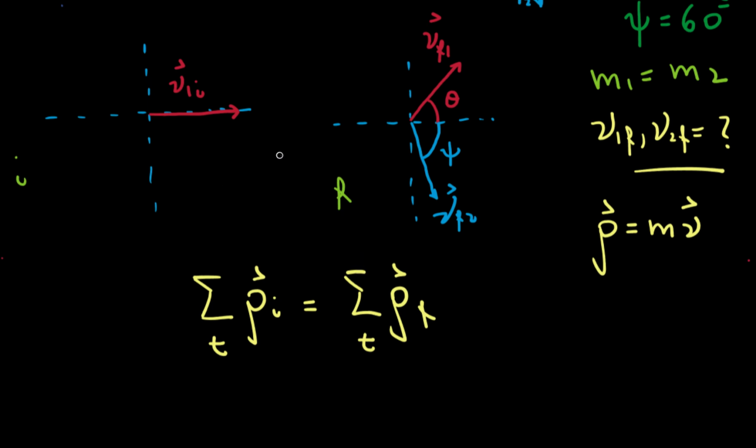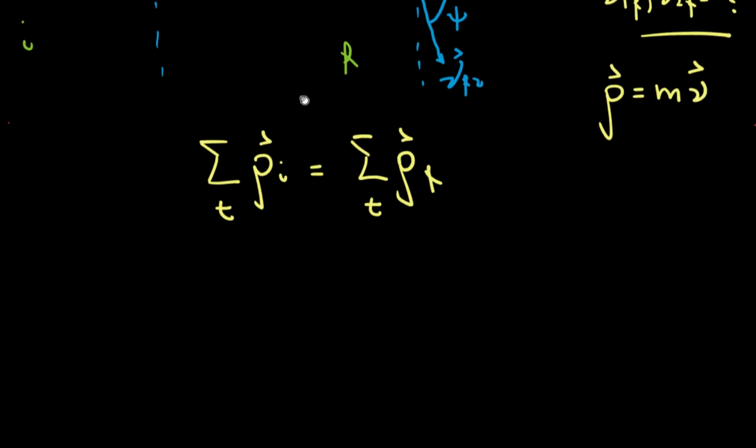So we can go ahead and start decomposing this then, right? So we have two objects. So the total momentum initial is the contribution due to both objects, which means momentum 1 initial plus momentum 2 initial, right? And in the final situation, we still have two objects, which means that the total final is a contribution due to two objects.